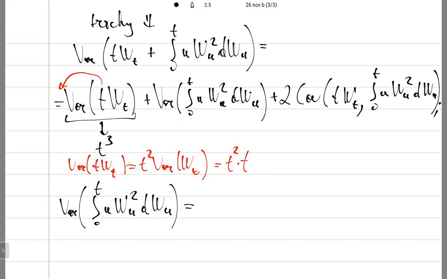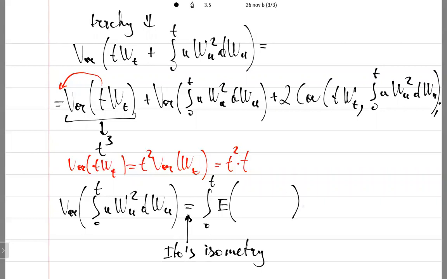This should be the integral from 0 to t of the expected value of the integrand squared. This property is called Ito's isometry. And we just transform the stochastic integral into a Riemann integral.